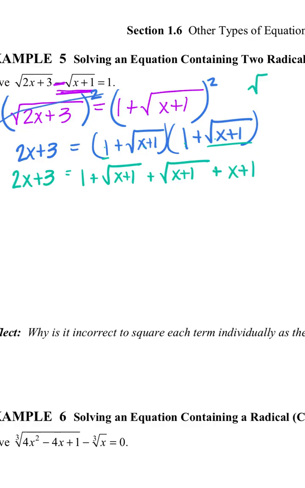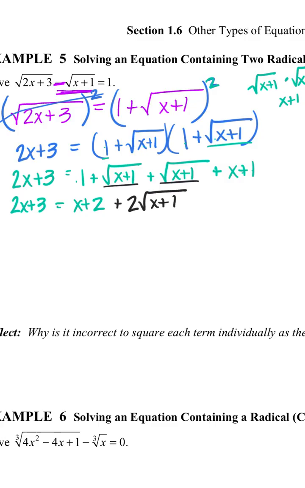Think about the square root times the square root. That's like saying squared. So when you square a square root, it's just x plus 1. So here we've got 2x plus 3. I've got x plus 1 plus 1, so x plus 2. And then there's 2 of these, so plus 2 square root.